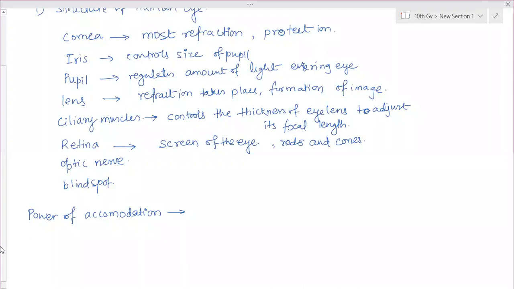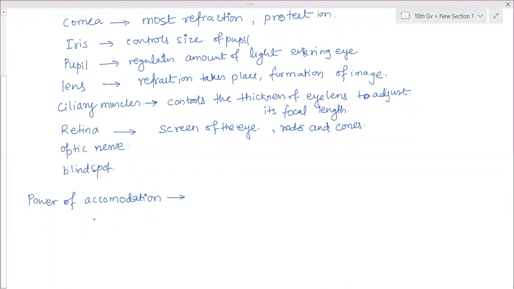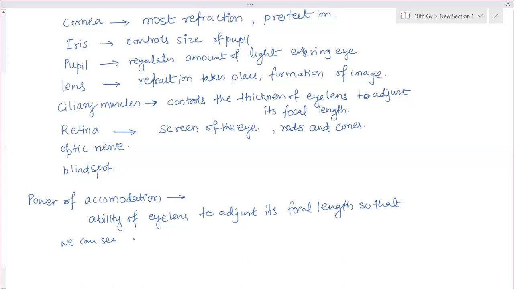This definition you have to remember. Power of accommodation is the ability of the eye lens to adjust its focal length so that we can see different distant objects distinctly.